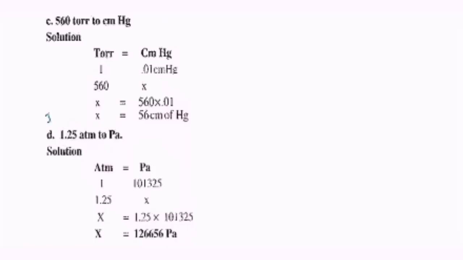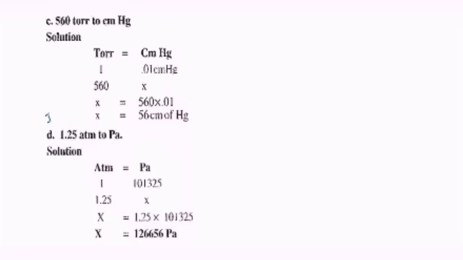Moving on to numerical C, 560 torr into centimeter of Hg. Now 1 torr is equal to 0.01 centimeter of Hg. The given value is 560. We can denote it as x. Now to find out the value of x, we simply multiply the given value in torr with 0.01 to have our final answer, that is 5.6 centimeter of Hg.